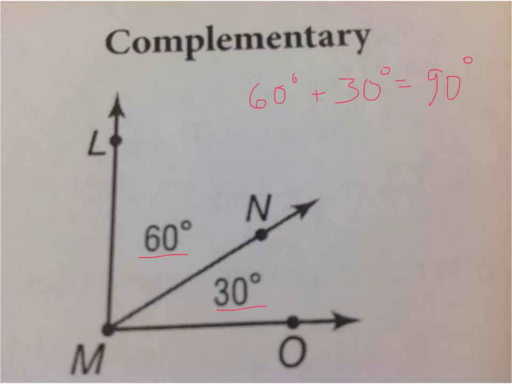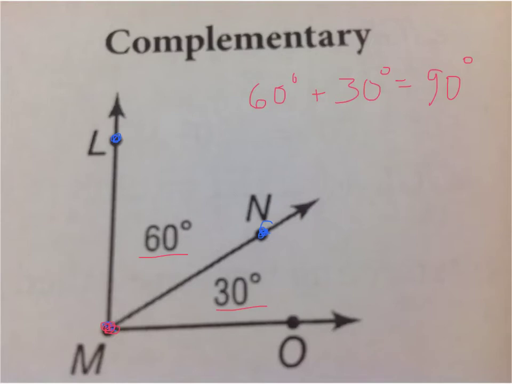Now also on the slide, I want to teach you about how to talk about angles. Angles are named by their point, and then their vertex, and then a point. The only really important part is that the vertex has to be in the center.